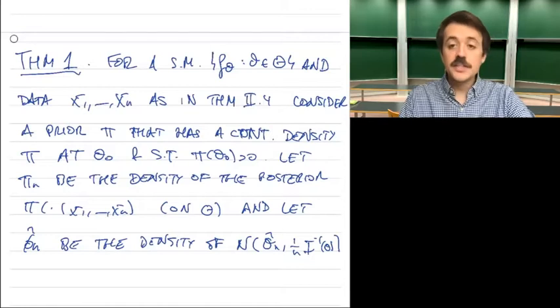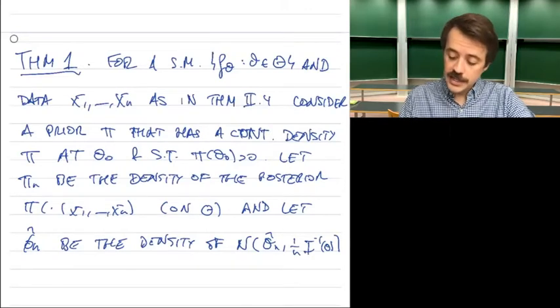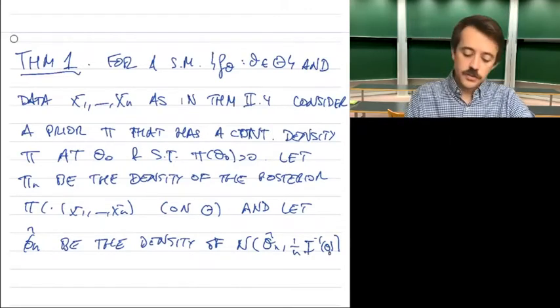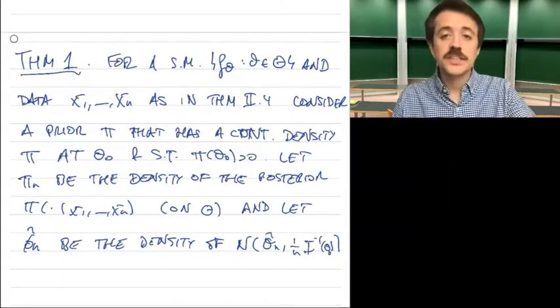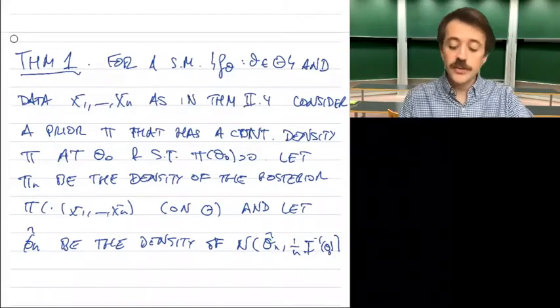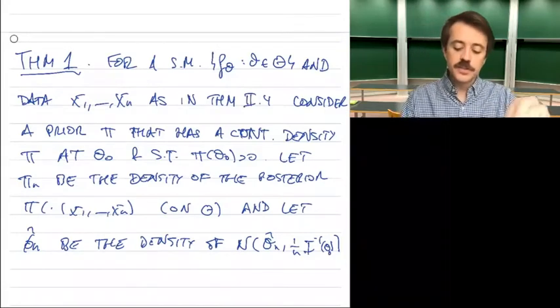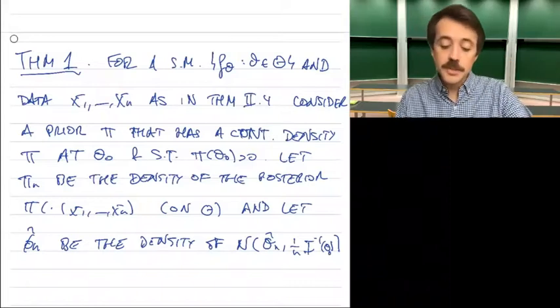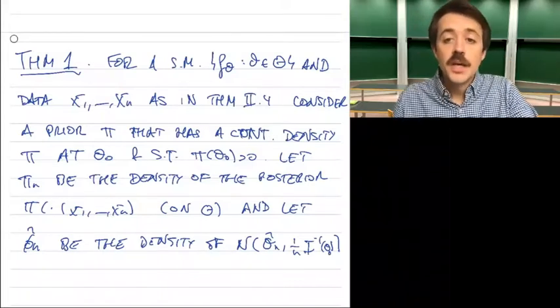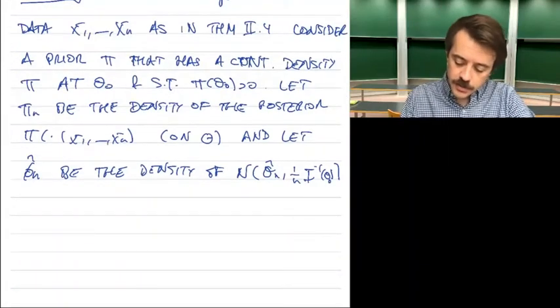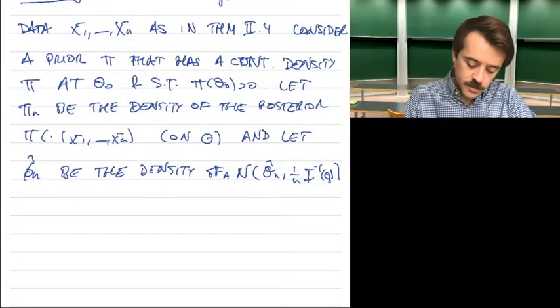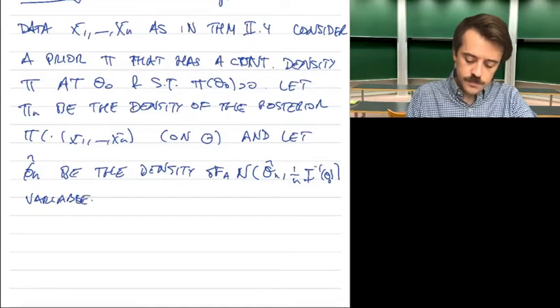And it's important that this has to be centered at the theta naught. Remember I've said that the data is as in theorem 2.4, and there we had this frequentist interpretation that the data was generated by one of the elements of this statistical model, and we call the parameter of that element theta naught. Okay, so the density of a normal random variable.